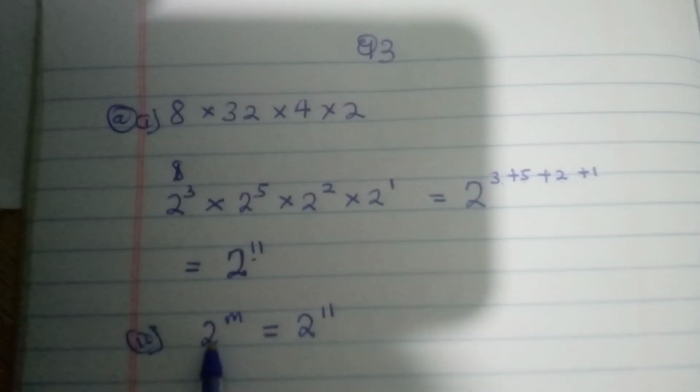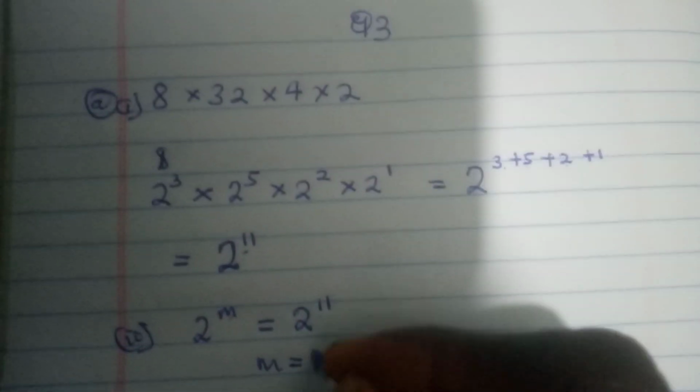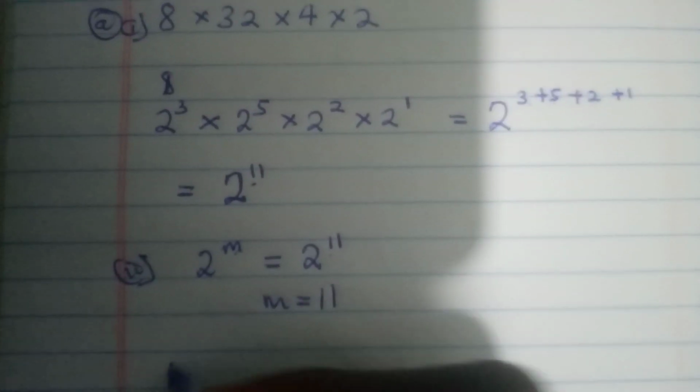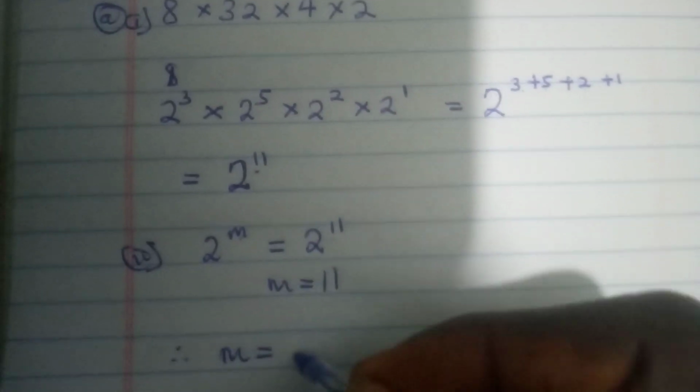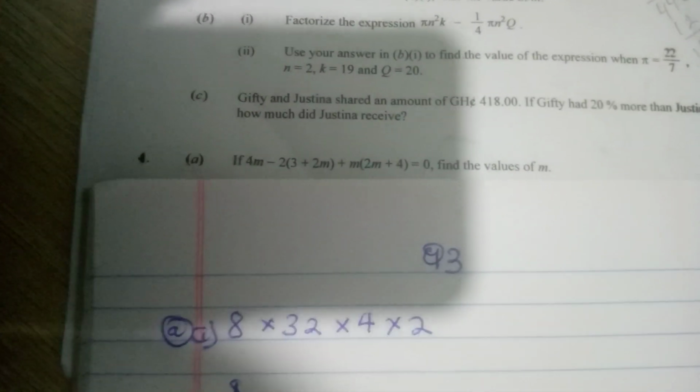So what is m? m is equal to 11. Therefore m is equal to 11 for question 1ii. That is what was expected from candidates. Then you go to B.